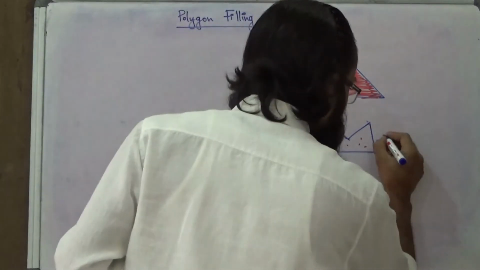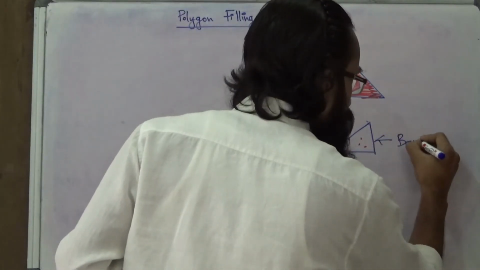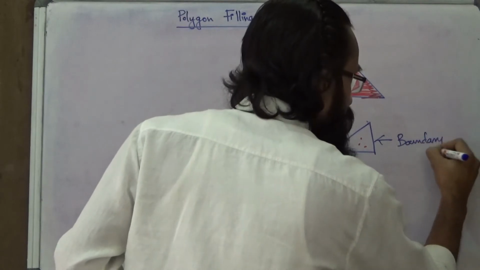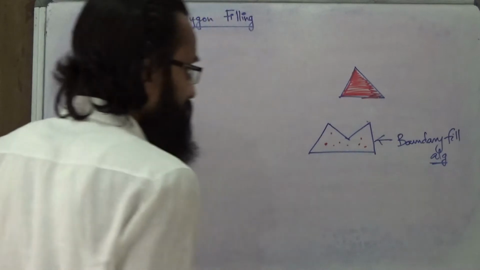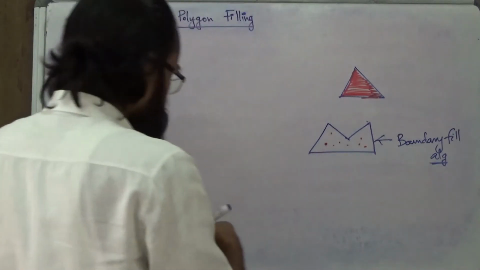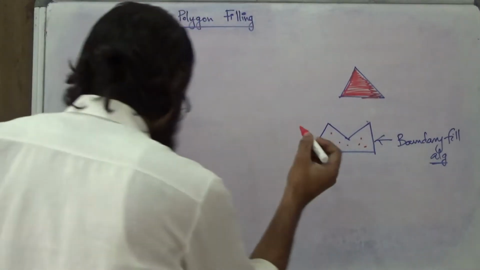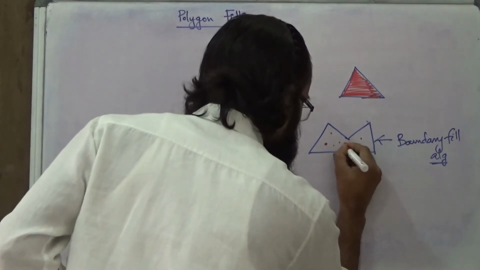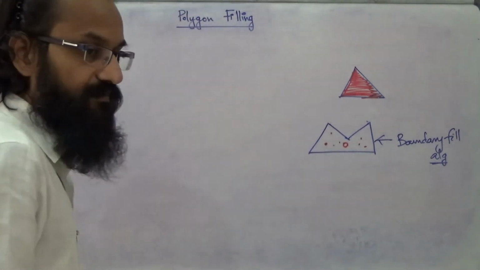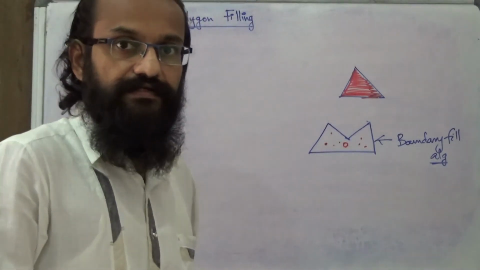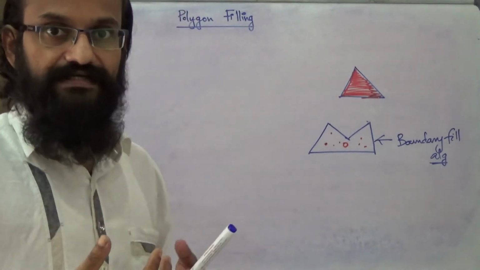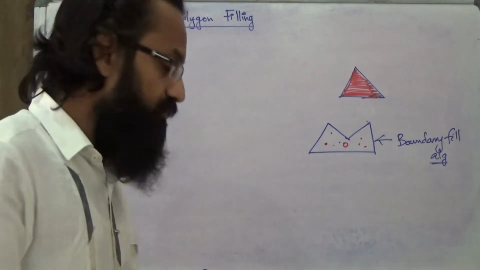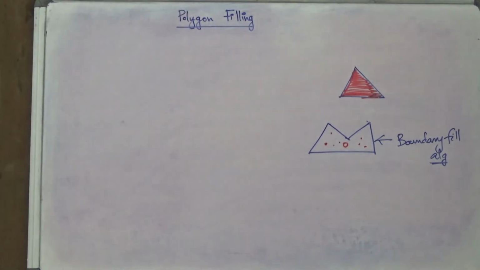In such situation, you can use boundary fill algorithm. That is, you can start from any interior pixel and you can fill that pixel with the desired color. Assume that you want to fill that with black color.